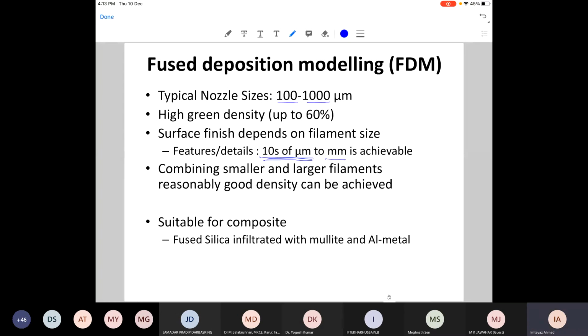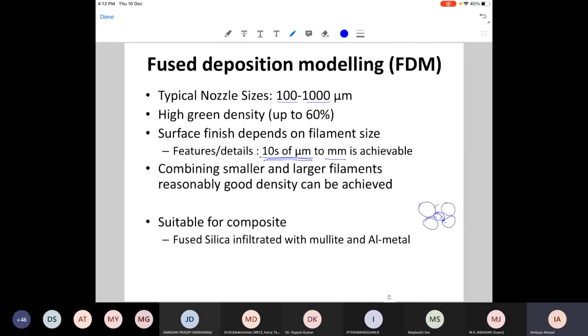In order to achieve densification, for example, if I am using thicker strands, then this portion will be empty. I can fill it with smaller strands. So by using two nozzles, one with a thinner strand and another with a thicker strand, you can fill up the gaps in between.